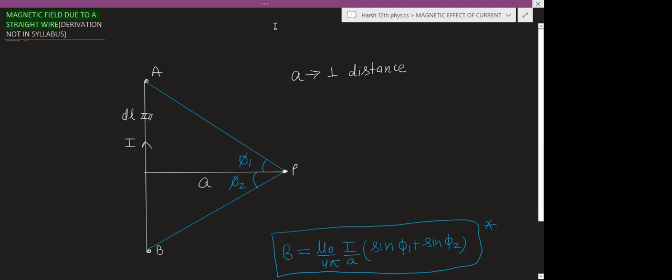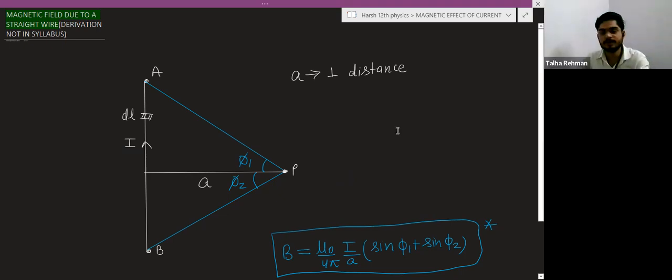Now see here. If you are not getting it, then you can see here. We have this wire, and we have to calculate the magnetic field at this point. We will point our thumb in the direction of the current, and current is going upward.